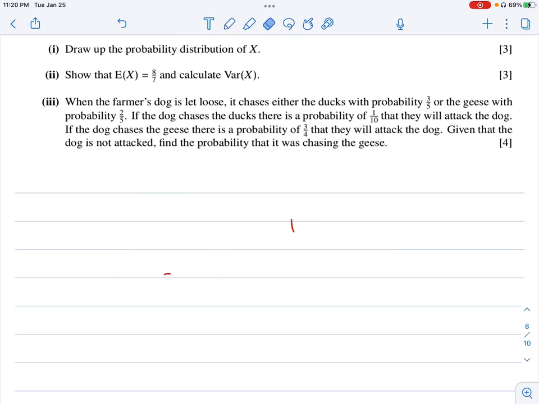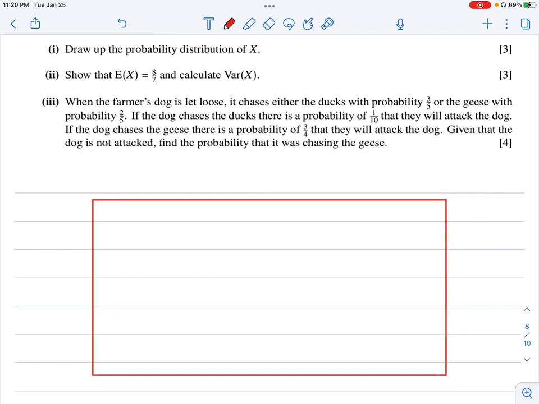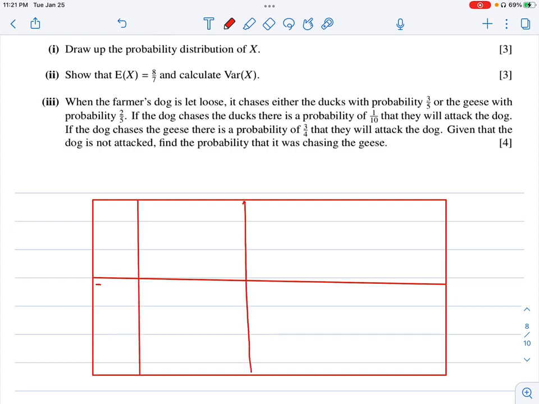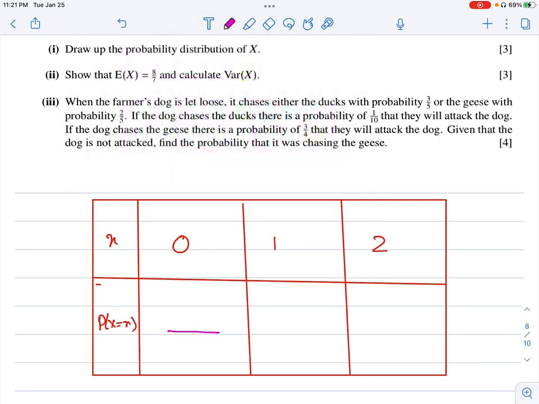Let us draw once again a bigger one, because I feel that some calculations are to be done. So X is 0, 1, 2, and the probability of capital X equal to small x. For 0 geese, first of all I have 7 birds.